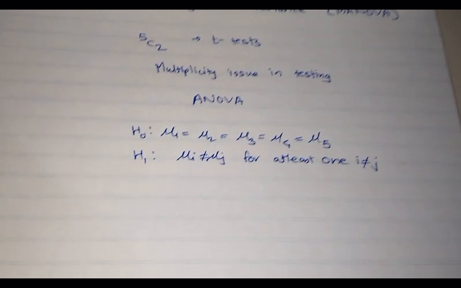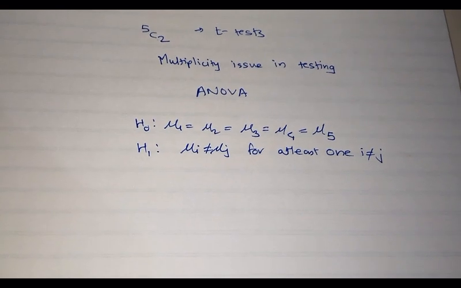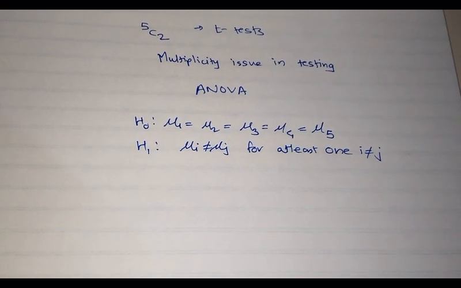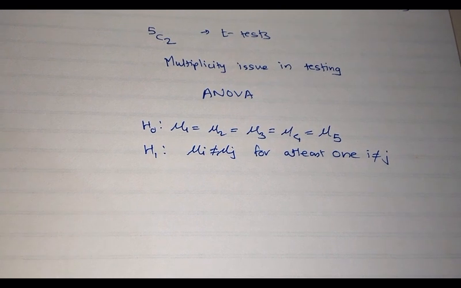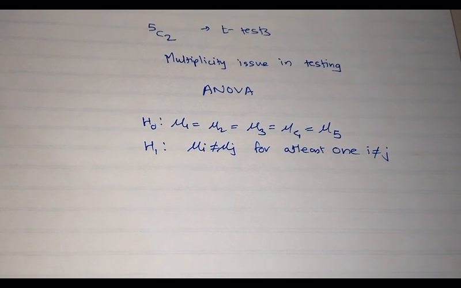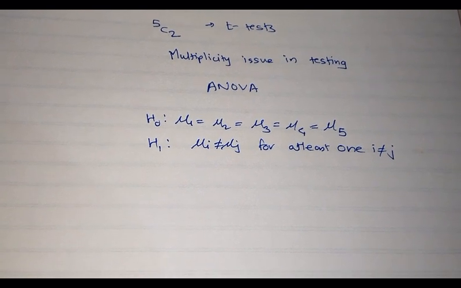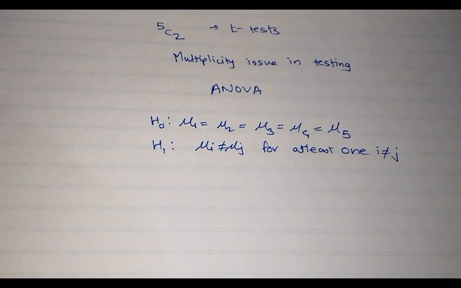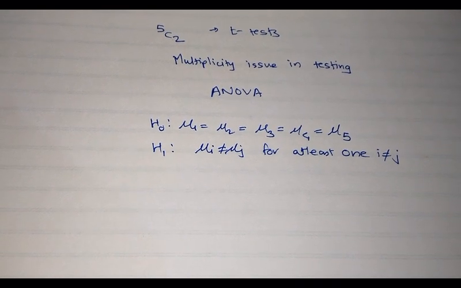So remember, ANOVA doesn't say that if H0 is rejected, then every population has a different mean. It does not say that. What it says is, at least one population has a mean which is significantly different from the other populations.